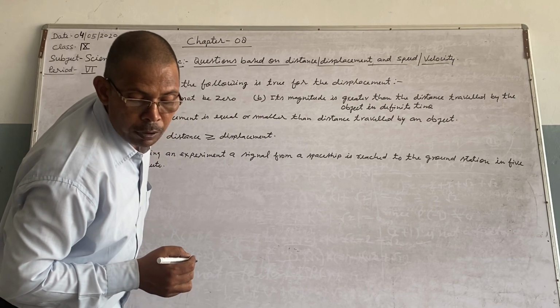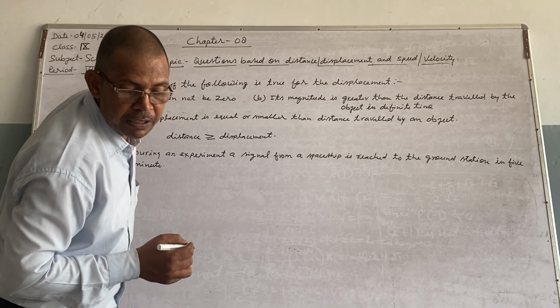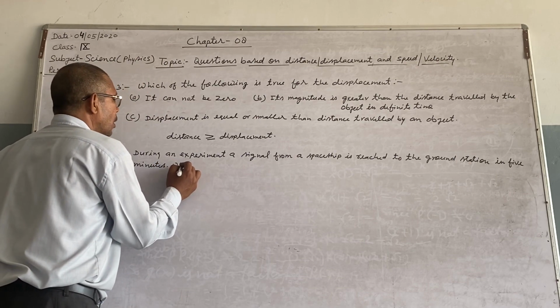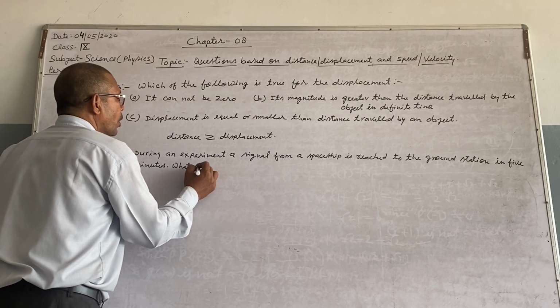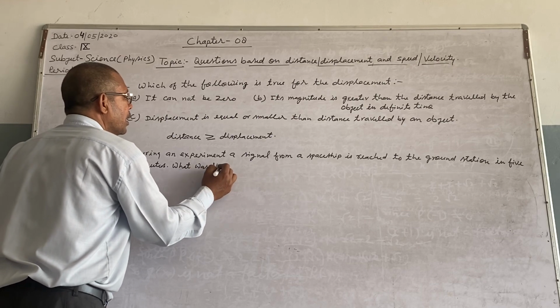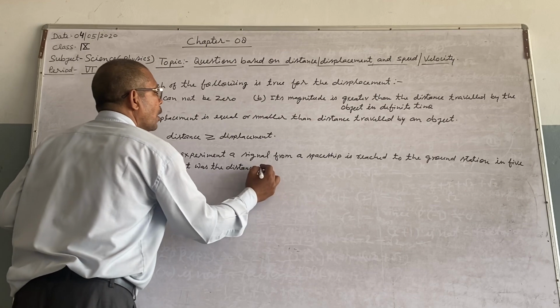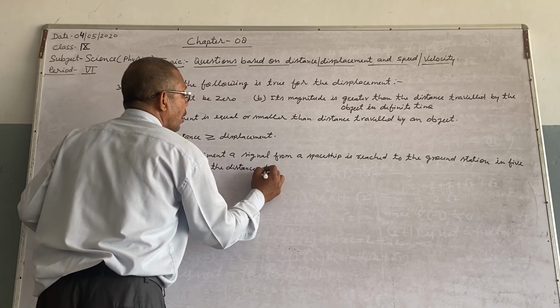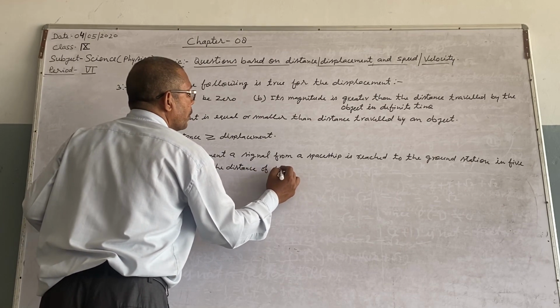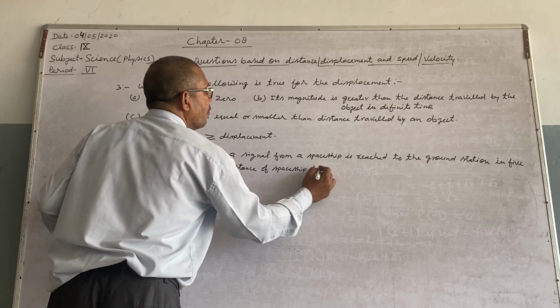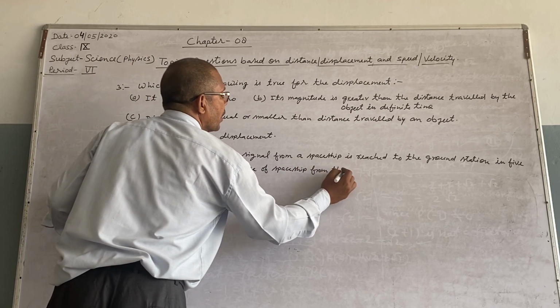What was the distance of the spaceship from the ground?